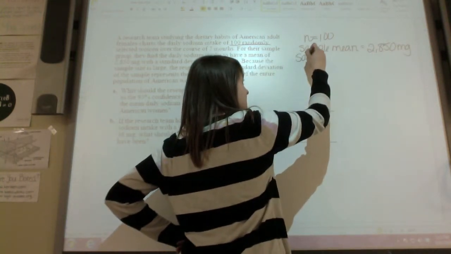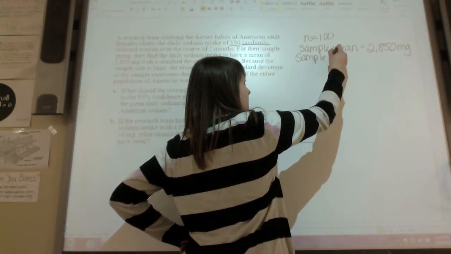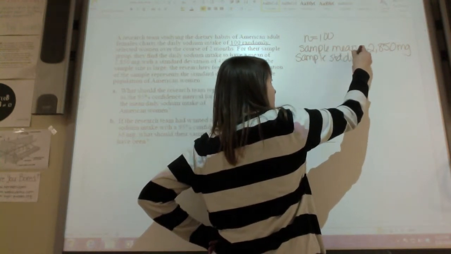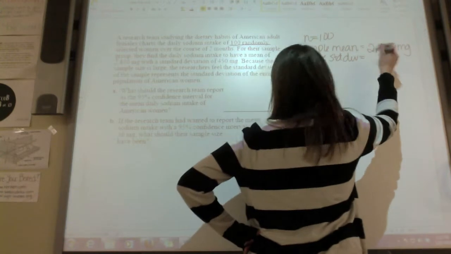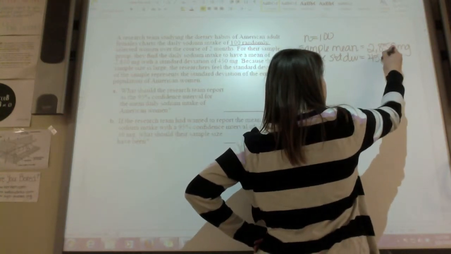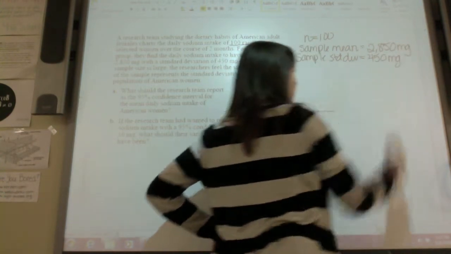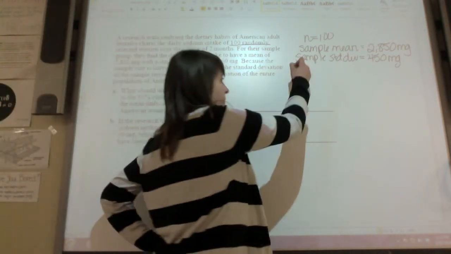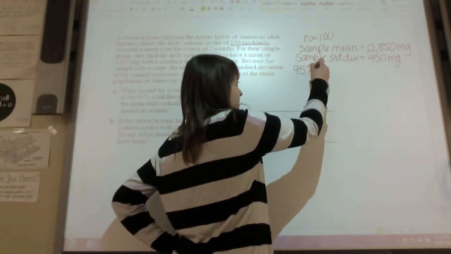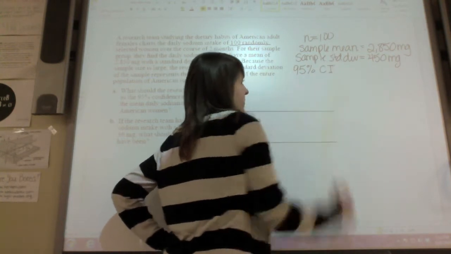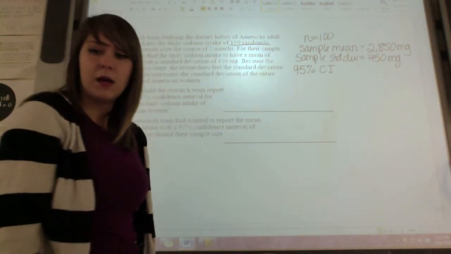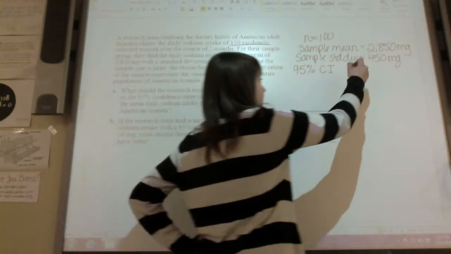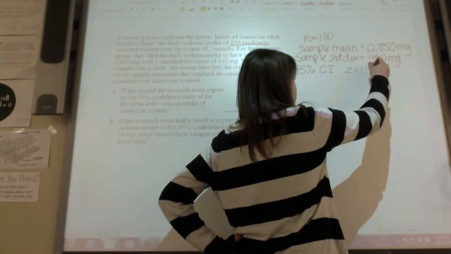And my sample standard deviation was given to me as 450 milligrams. So, I also know that I want the 95% confidence interval. And looking above, I know that that means that Z equals 1.96.